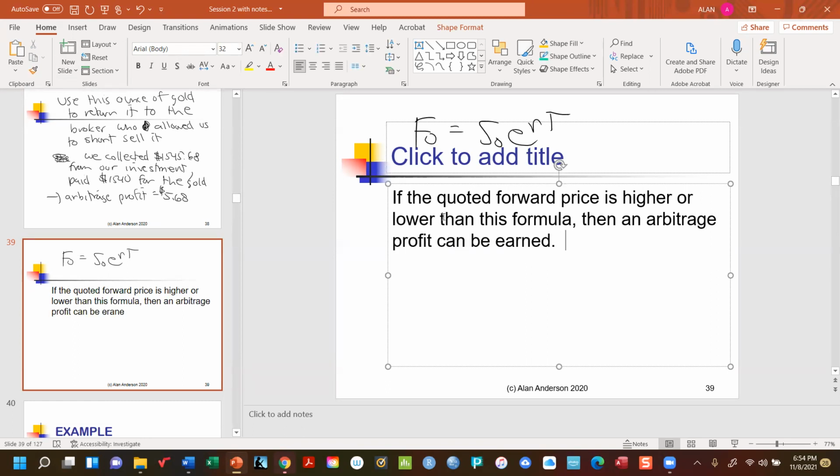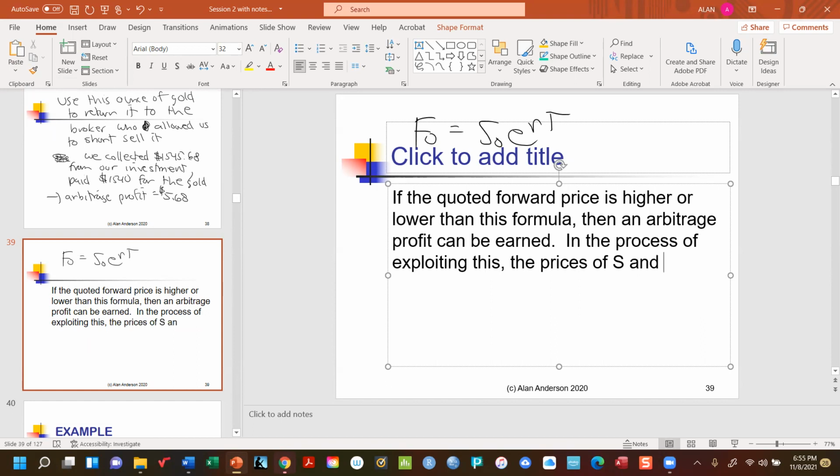And by the way, in the process of exploiting this, the prices of S and F adjust until the relationship holds again.